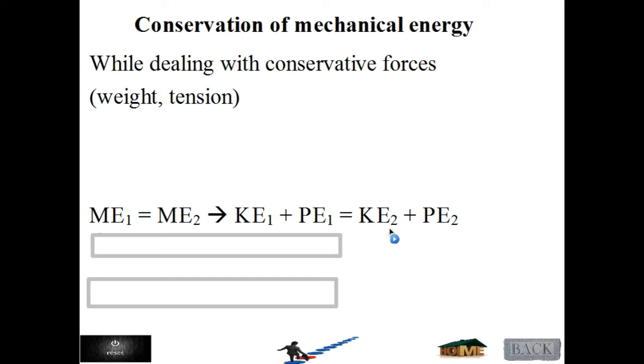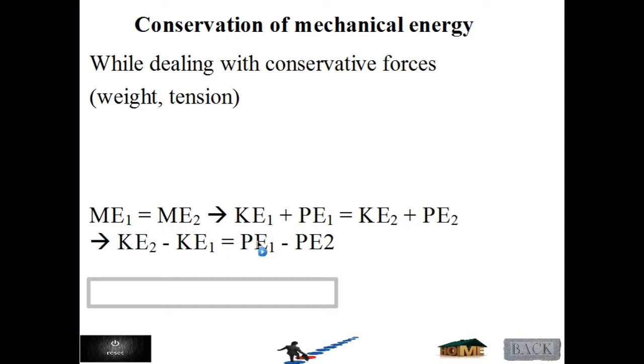We mean by mechanical energy is conserved that the sum of kinetic and potential should always be constant. So if we rearrange the kinetic and potential, we can write kinetic energy 2 minus kinetic energy 1 equals potential energy 1 minus potential energy 2.